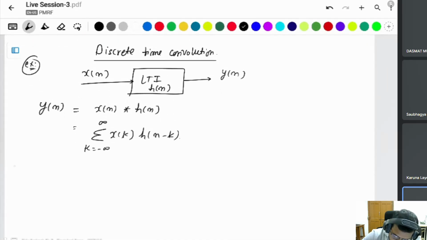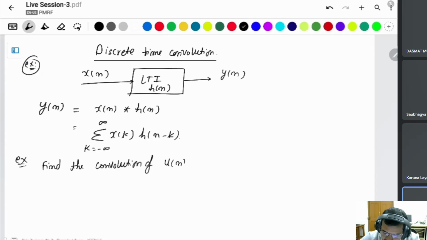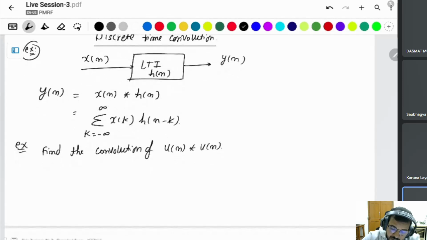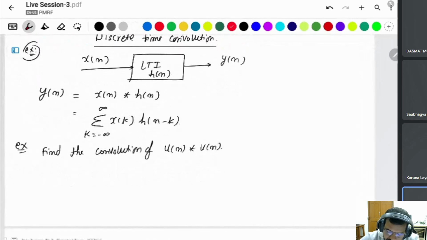Take some example. Find the convolution of u[n] with u[n]. Take one as x[n], another as h[n]. Then you have to find n minus k.